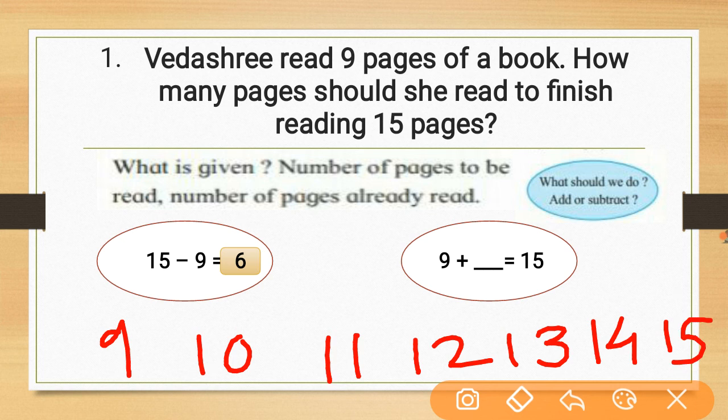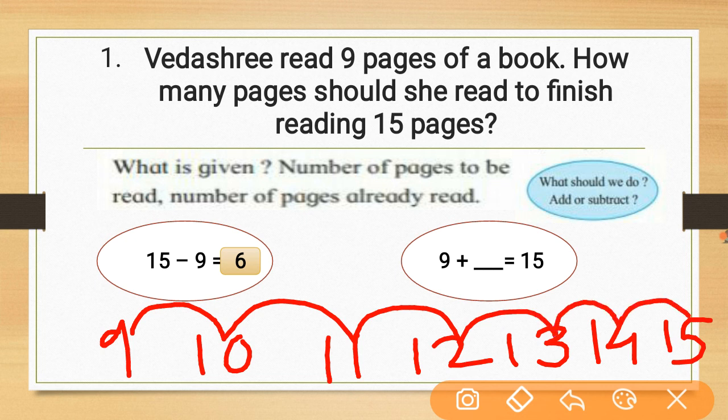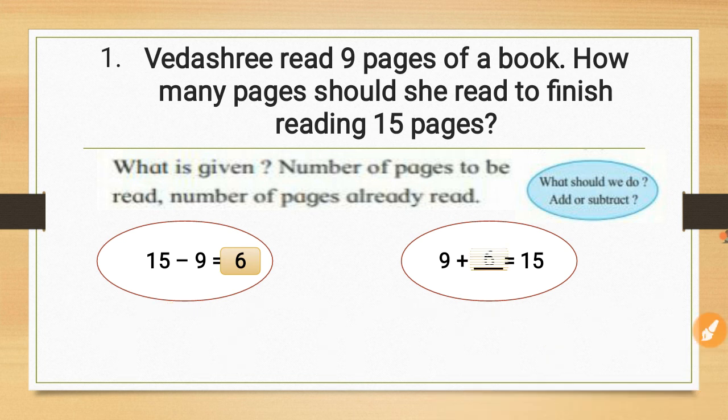Here we have to count, jumping forward from 9 to 15. 1, 2, 3, 4, 5, 6. How many steps did we take? 6 steps. So our answer here is 6. Therefore, 15 minus 9 is equal to 6.